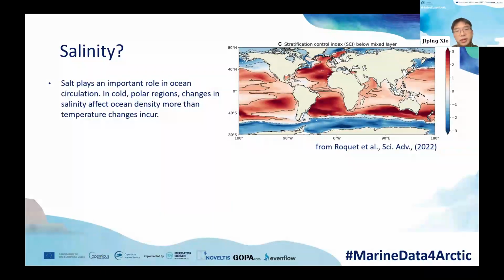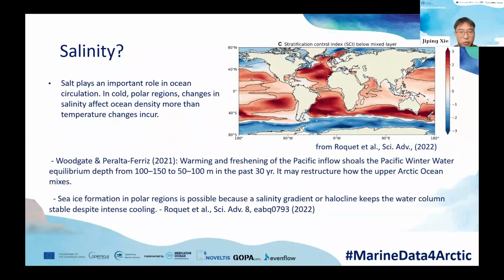Here I give two examples. Woodgate and colleagues, in a paper about the warming and freshening of Pacific inflow, show the Pacific winter water equivalent depth going from 100 to 50 meters in the past 30 years. It reconstructs how the Arctic Ocean mixed.